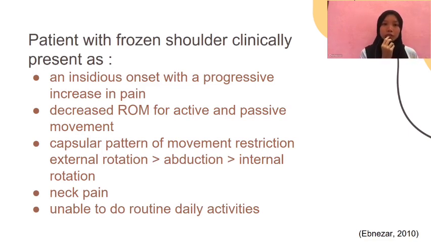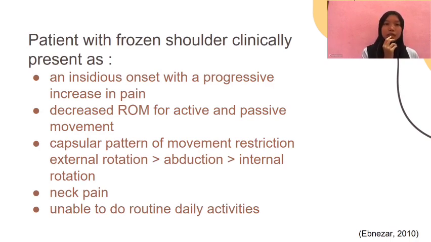The shoulder joint has a capsular pattern where external rotation is more limited than abduction, which is more limited than internal rotation. In the case of a frozen shoulder, external rotation is significantly limited when compared to internal rotation and abduction, while abduction and internal rotation were not seen to be different.